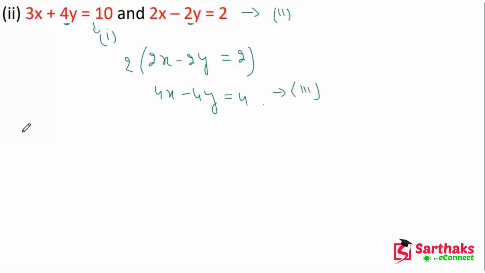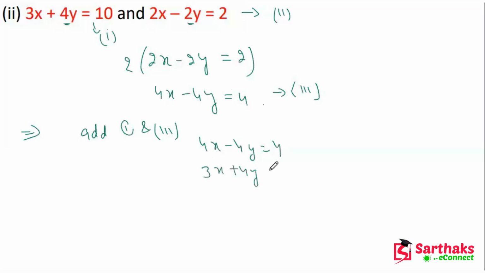Now add. We have to add equation first and equation third. So it will become 4x minus 4y equals 4 and 3x plus 4y equals 10. Why are we adding? Because here is minus 4y and here is plus 4y.